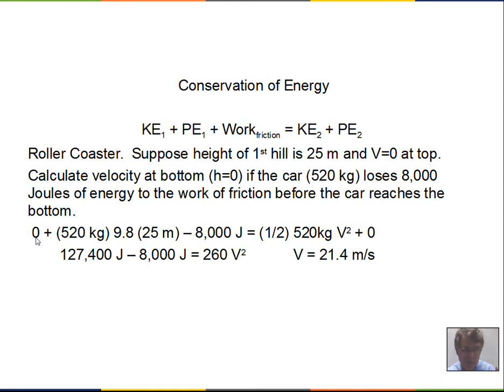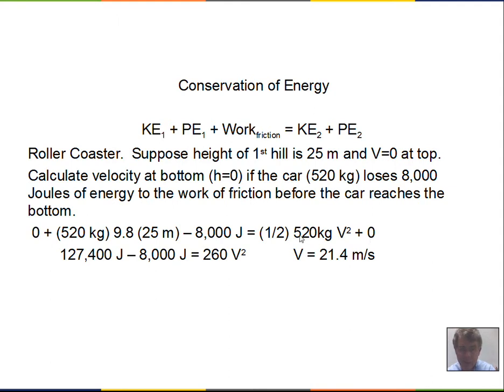At the top of the hill, we said the velocity was nearly 0. mgh, mass of the car, acceleration due to gravity, the height above our 0 point, so mgh, our potential energy. Here's the work done by friction. We lose energy from our supply, and then 1/2 mv squared and 0 potential energy at the bottom of the valley. I'm setting h equal to 0 at the bottom of the valley.